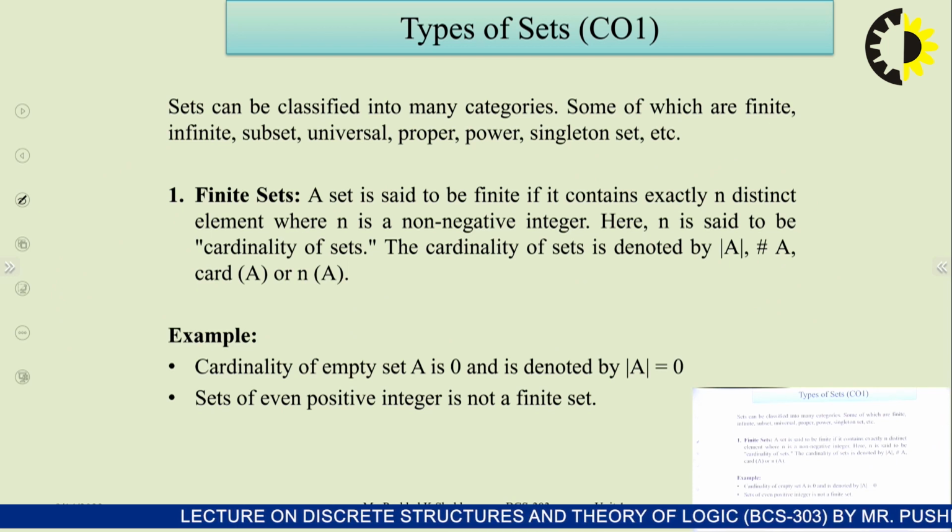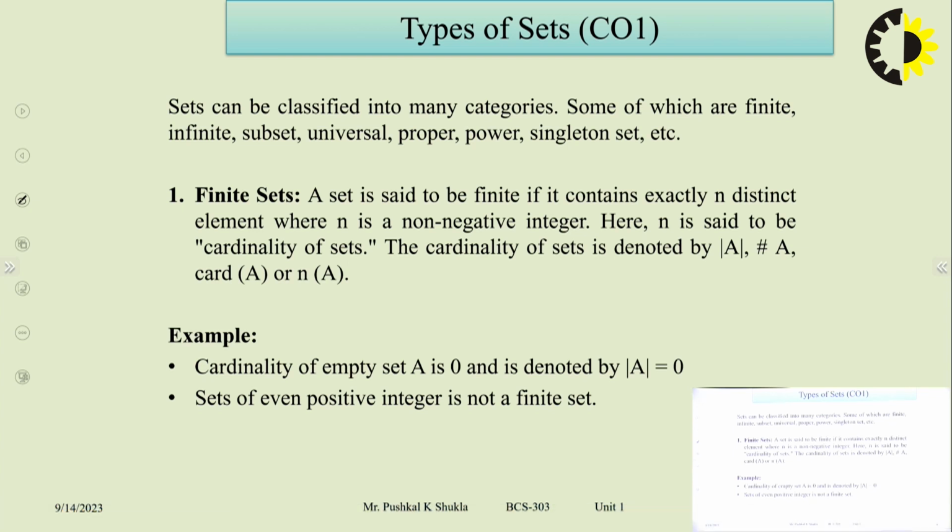Now we will discuss here the types of set. Here we discuss finite set, infinite set, subsets, universal, proper, power, singleton set, etc. Finite set: a set is said to be finite if it contains exactly n distinct elements where n is a non-negative integer.